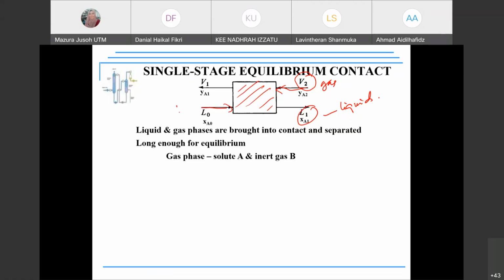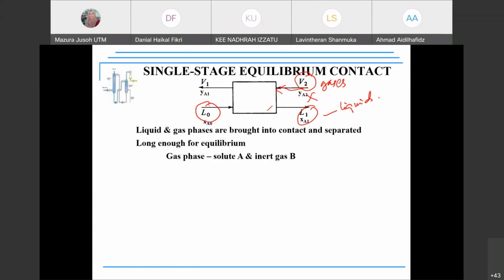The solvent comes in, and you have the mixture of gases A and B here, let's say. Because A is soluble in the solvent and B is not, that's why you choose this solvent, because only A can dissolve in it. If both can dissolve in it, you cannot choose that particular solvent. So you have the solvent coming in and the mixture of gases coming in as V2.